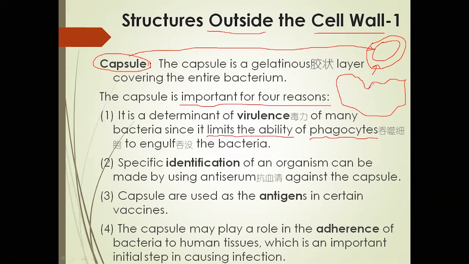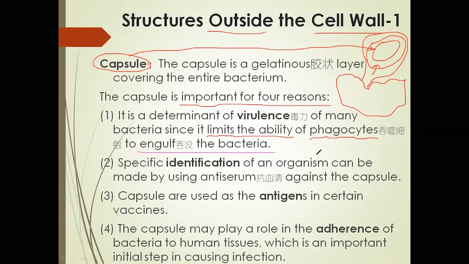Basically, if these kinds of cells find bacteria, they will cover it and then eat it and digest it. So that's the special cell inside our body, the way we kill bacteria, by eating it and digesting it.